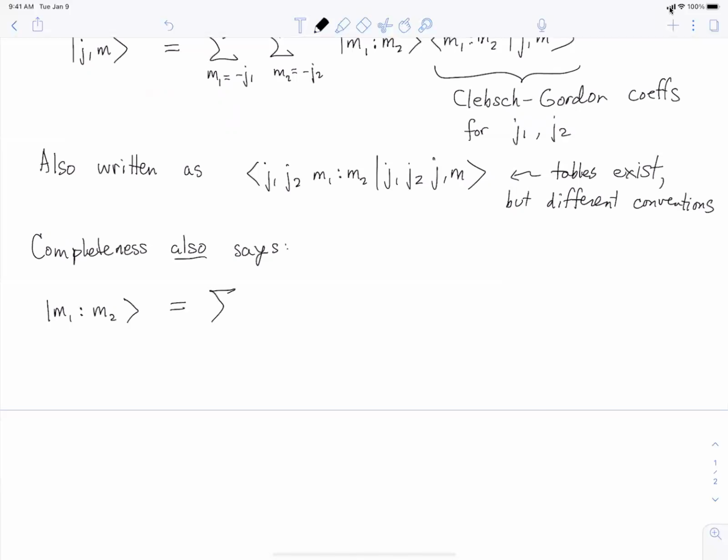So I'm going to sum over all possible values of J, and the possible values of J go from the absolute value of M1 minus M2 up to M1 plus M2. And then for each J, I'm going to sum over the possible values of its M from minus J up to J. And now I'm writing the identity operator in a fancy way.